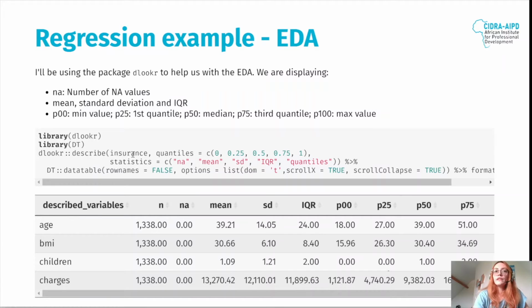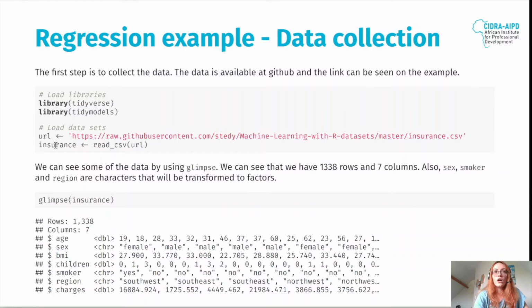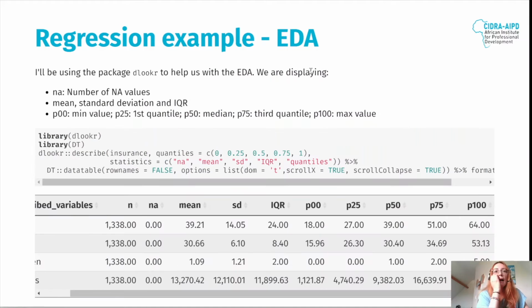I'm giving it the data set that is called insurance, as you saw here that I called insurance. I'm going to give also some quantiles that I'm interested in: 0 that represents the minimum, 25 that is the first quartile, 50 that is the second or the median, 75 the third quartile, and 1 that represents the maximum value for the features.